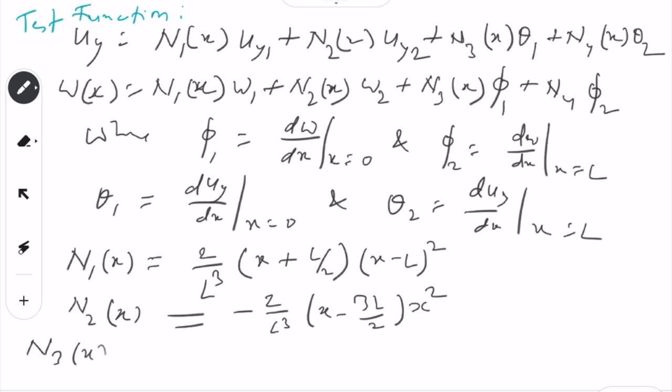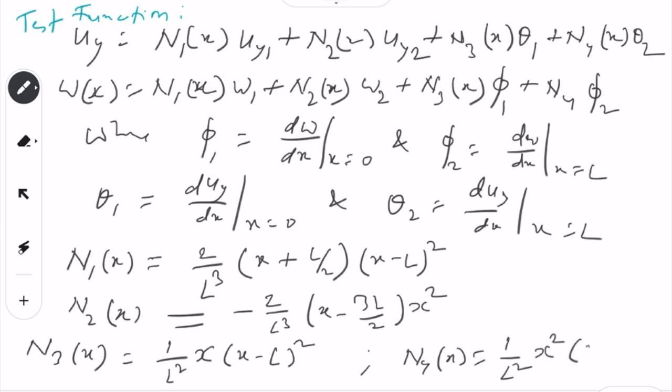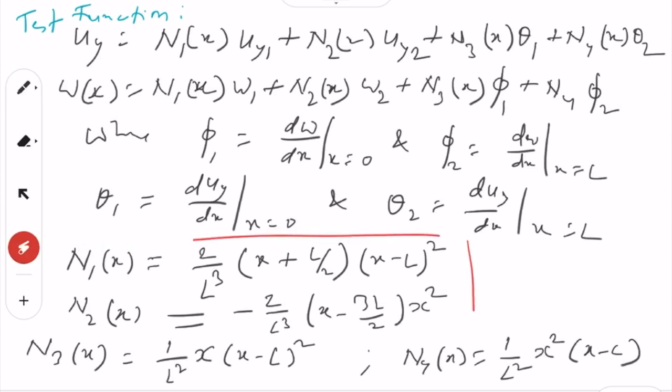N3(x) we got equal to 1 over L square, x multiplied by x minus L square, and N4(x) equal to 1 over L square, then x square and x minus L. So these N we derived last time, so we can just use it now.